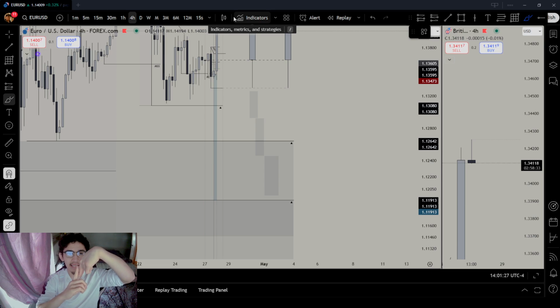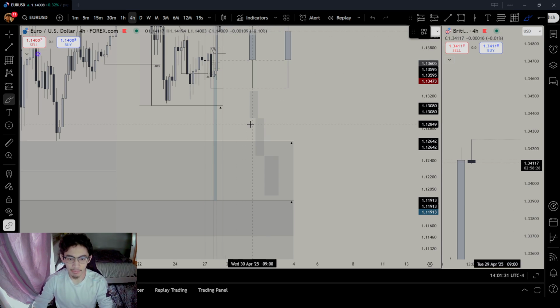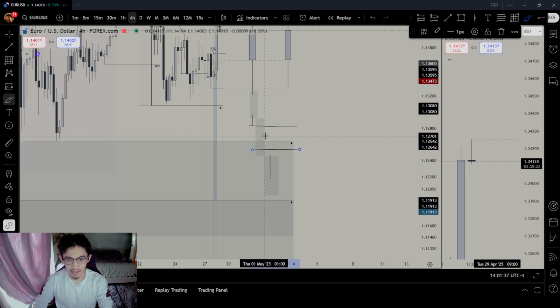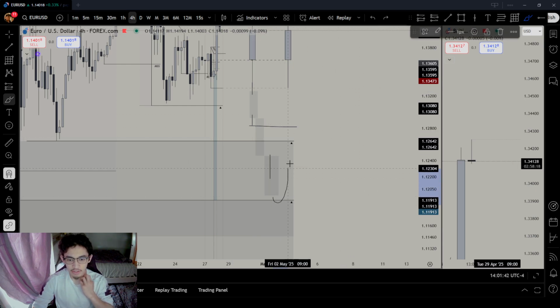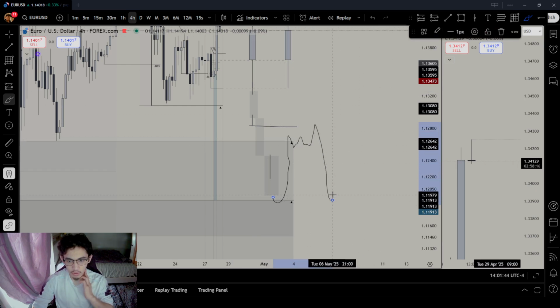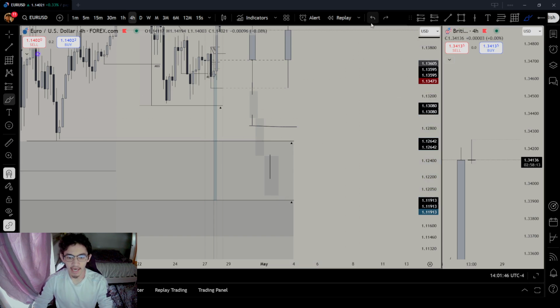They cannot have a wick like this. They must leave a gap. When you leave a gap like this, that means there are leftover orders over here. So the market needs to retrace, fill it, and go right back lower. That is a fair value gap.